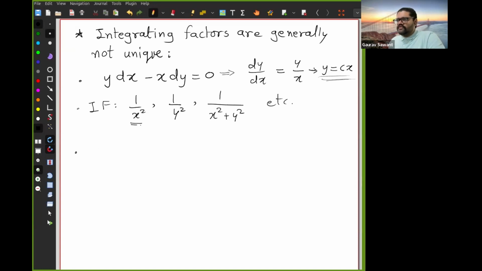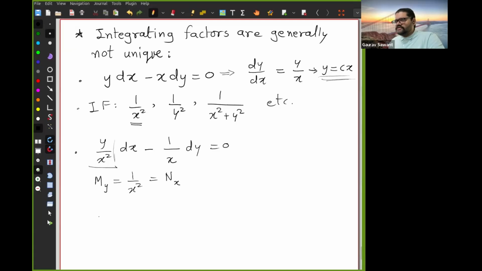So for the first one, I will have y over x square dx minus 1 upon x dy equal to 0. So it is clear that M sub y equals 1 over x square equals N sub x. This is my M, right?